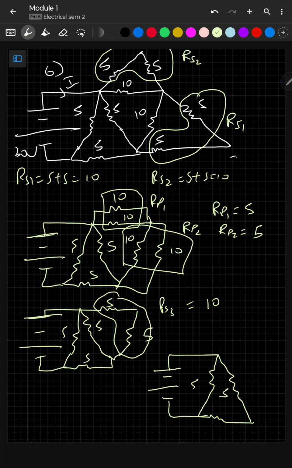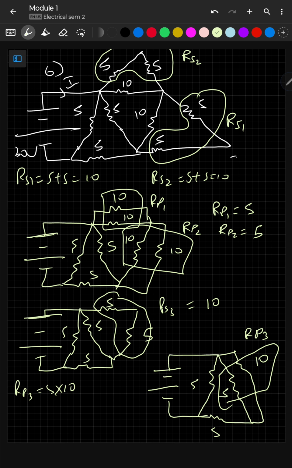This is 5, 5, 5, and this will be 5 plus 5, 10 now. These two are in parallel. RP3. So RP3 is 5 into 10 by 5 plus 10. 50 by 15 I am getting. That is giving me 3.333.